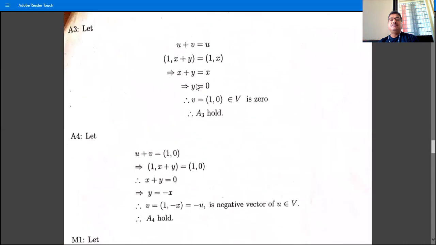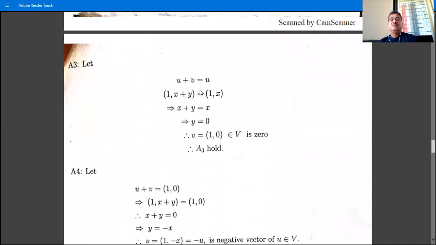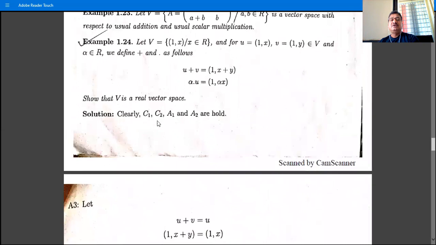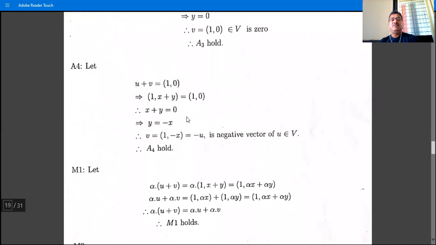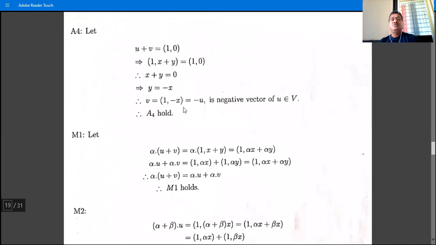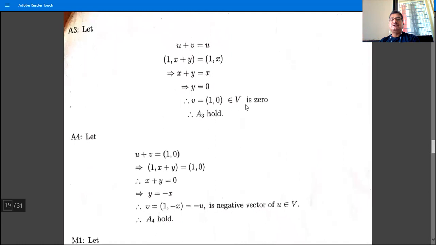So this is the proof. Addition of every two elements belongs to V. This holds C1, C2, A1, A2 hold. This is the proof of A3, A4. So what is the zero element? (1, 0) is the zero vector, because if you add (1, 0), then we have the answer (1, 0) again, the same.